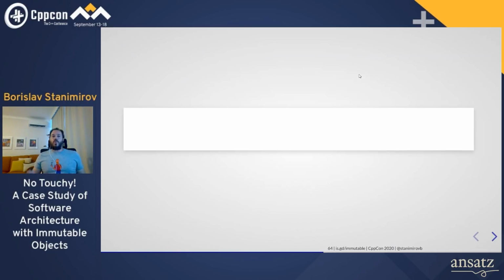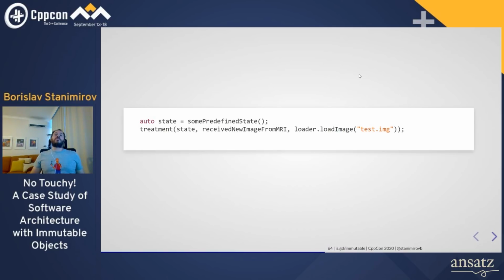And in this case, what if we have some predefined state? What if you run, I don't know, a treatment function of sorts, which receives another function, receive new image from MRI, with this image, and then applies this action in some way to the state? Then we can assert that the deep compare of the current state and the expected state returns 1.